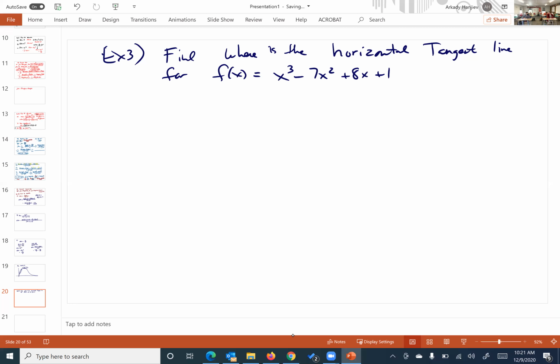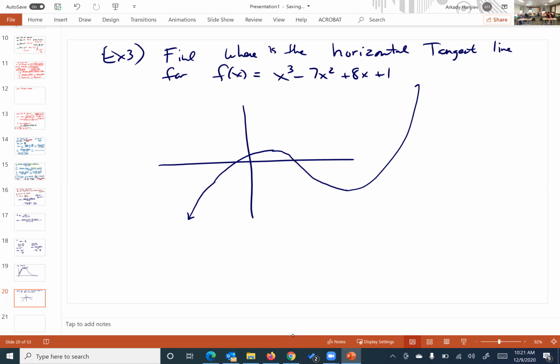Just to give you a graph illustration of what this kind of looks like, I at least want to show you. X to the third minus 7x squared plus 8x goes like this. It comes across here, goes like that, comes back down, and then it comes back up like this. So we're going to try to find those spots.